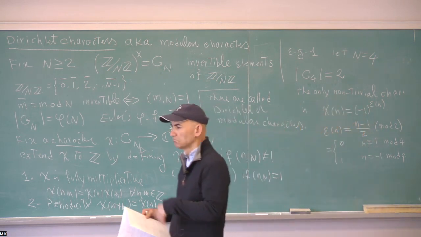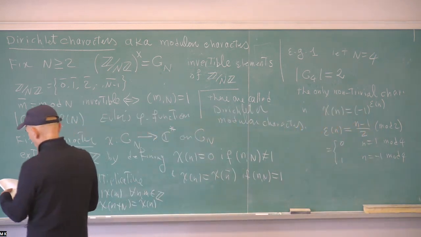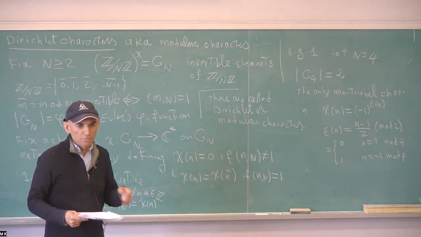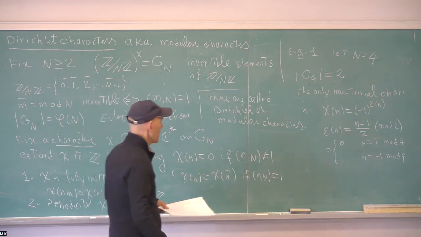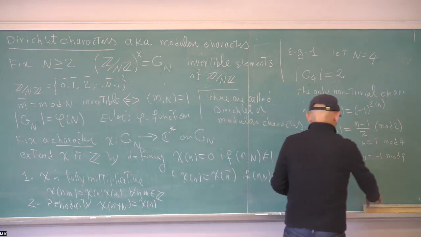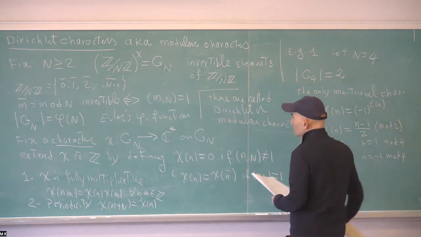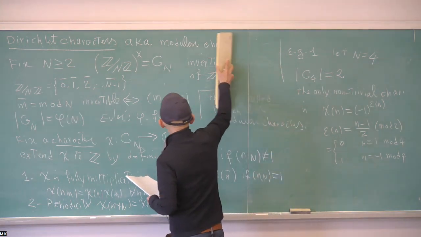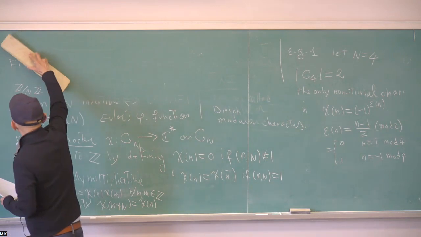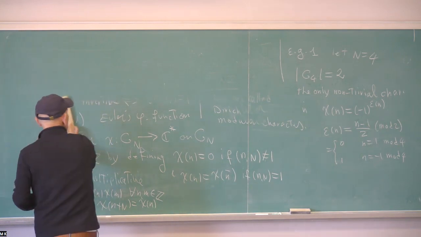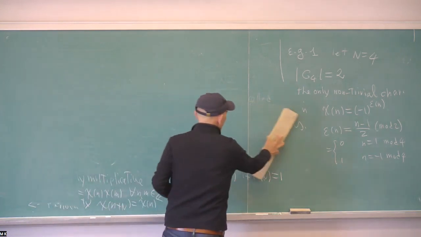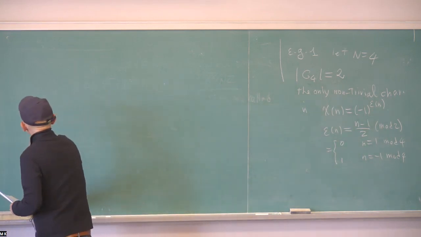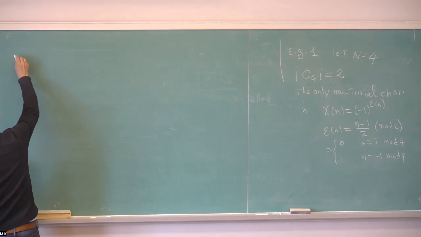We took n equal to 4, and we could have taken n equal to 3, and in that case we would get a different character. So we can take now n equal to 8 for our other example.